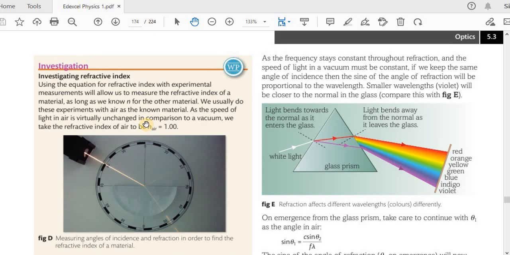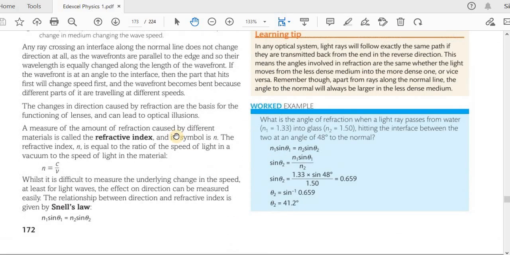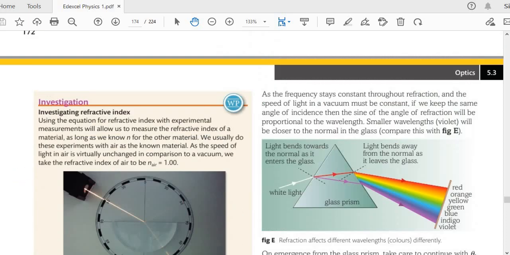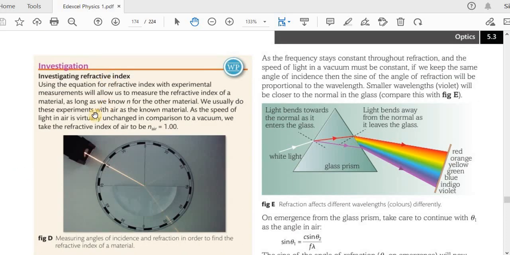That's why you get 1. Now again, if we look at this equation, speed of light in vacuum divided by speed of light in medium, this will be 3 into 10 to the power of 8. This will also be 3 into 10 to the power of 8 approximately. So that's why when you divide, it will be 1.00. Okay, so I think that is understood.